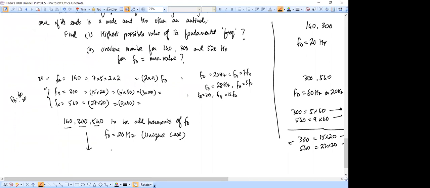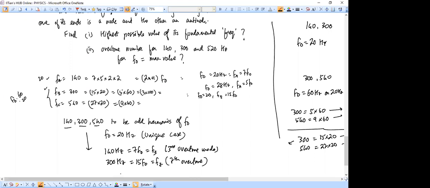So 140 hertz is the seventh harmonic, which means it is the third overtone. And 300 is the 15th harmonic, which means it is the seventh overtone. Okay, and likewise 540 is the 27th harmonic, which means that it is the 13th overtone.